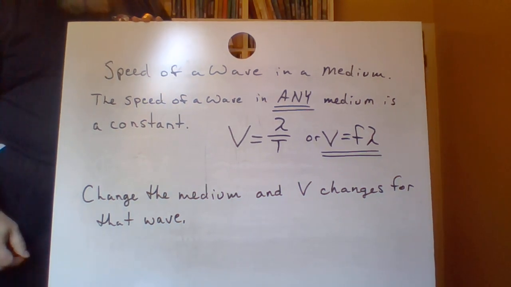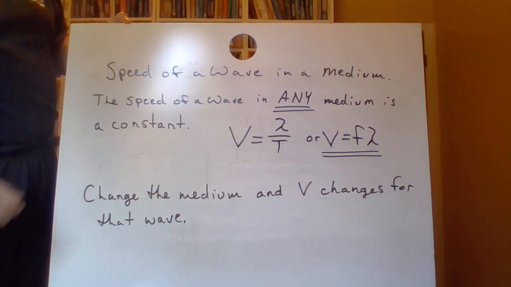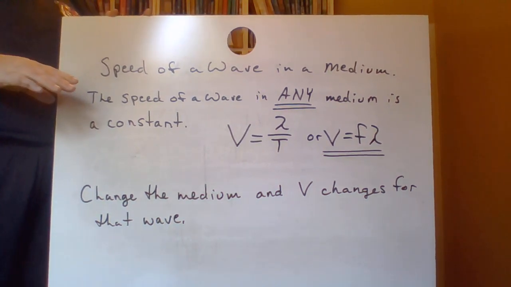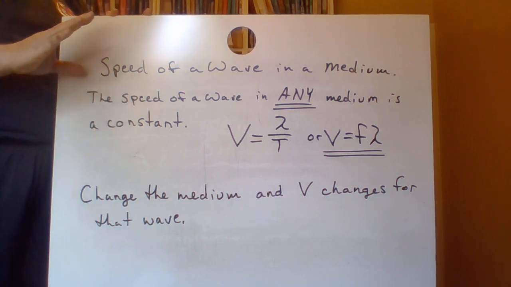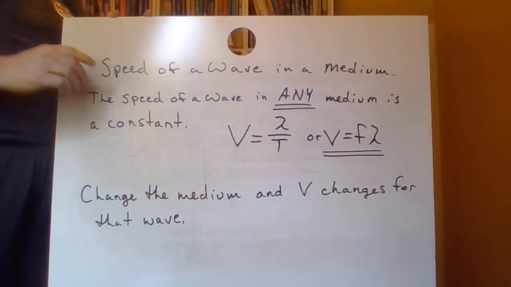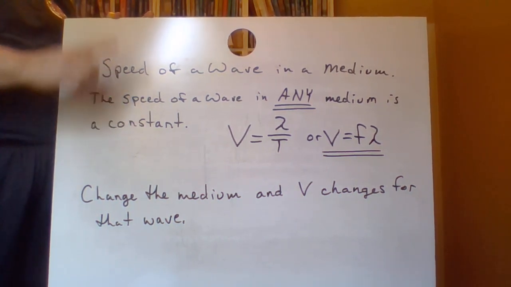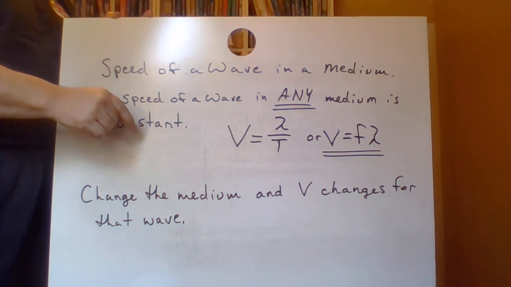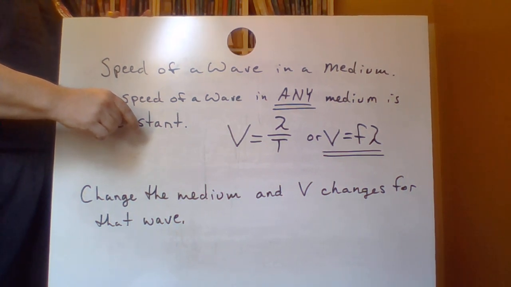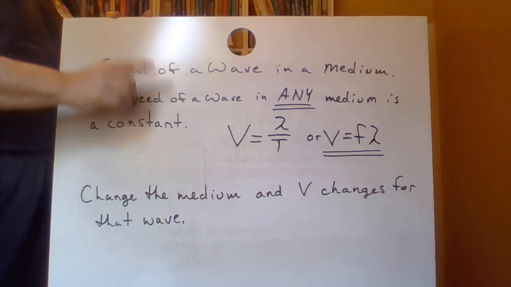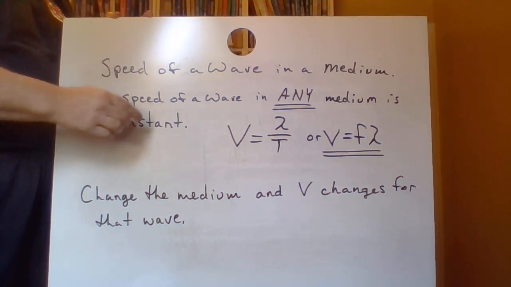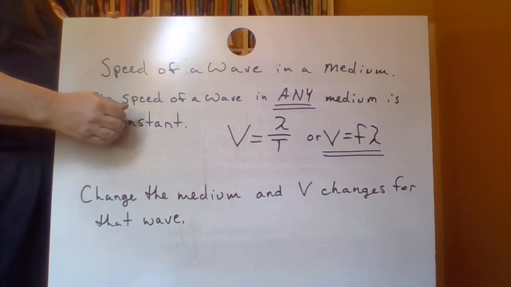So, the speed of a wave is always constant in any given medium. If you have air at a specific temperature, the speed of sound through air is going to be one value, no matter what kind of sound it is. Could be a low sound, could be a high sound, but the speed of that sound does not depend on the wave characteristics in that medium.